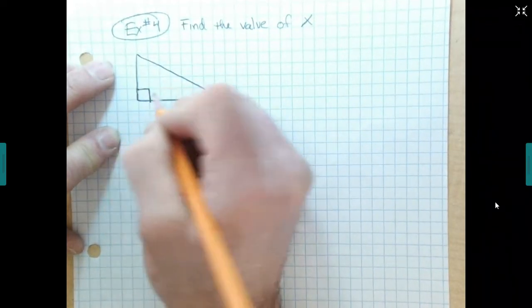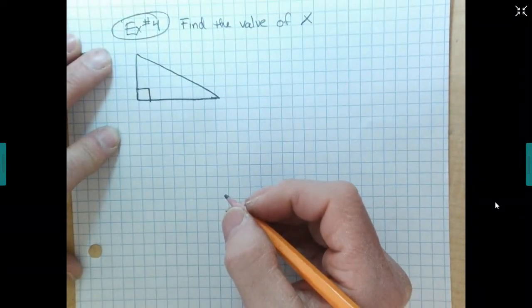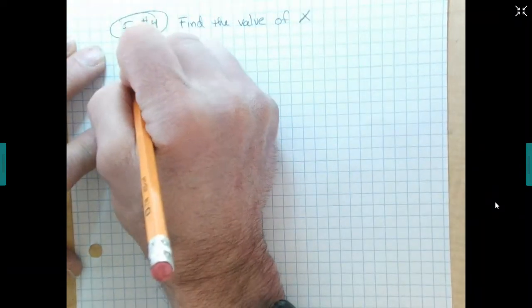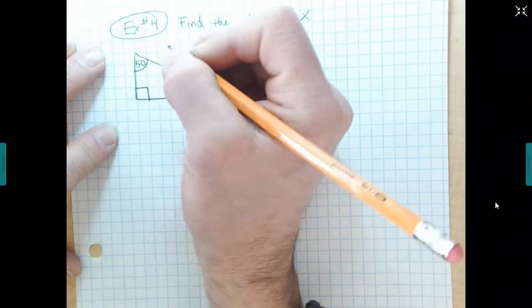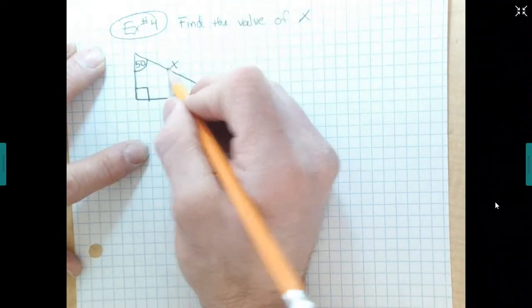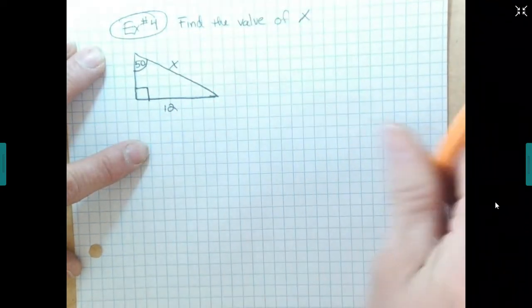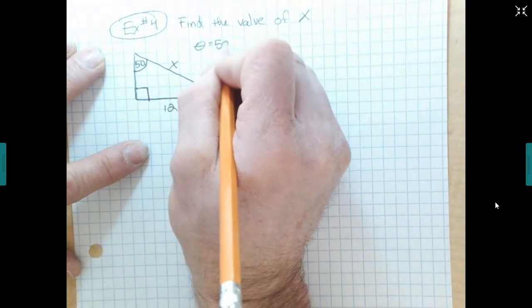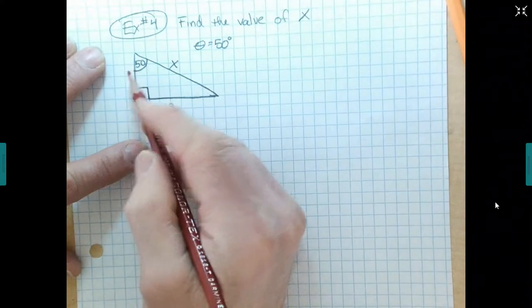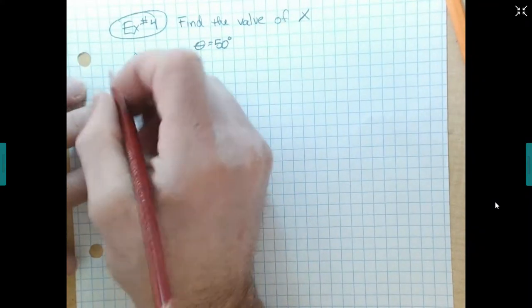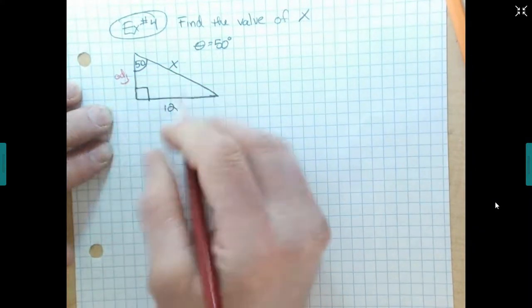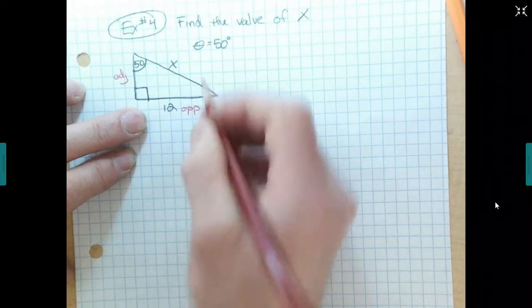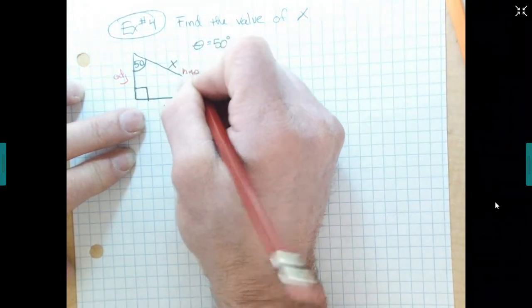Again, it's a right triangle, and this angle is 50. This is x, and this is 12. So your angle, or your theta, is 50 degrees. Now, from this angle, we have adjacent, opposite, and hypotenuse.